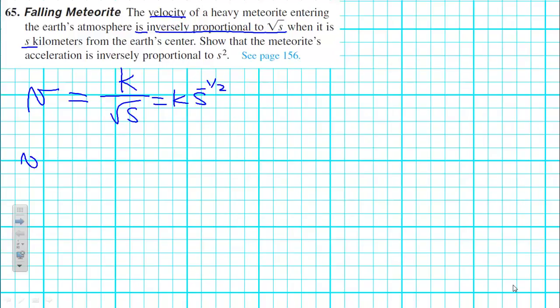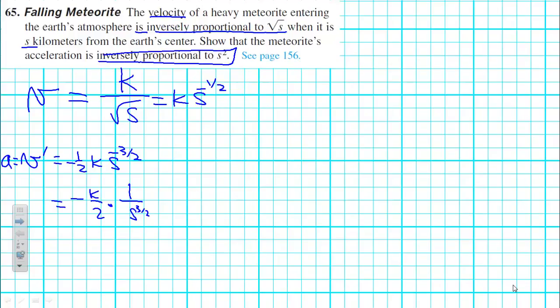Then I take the derivative of velocity, because that's acceleration, or so I've been told, and I get negative 1/2 k s to the negative 3/2 power. And I get negative k over 2, there's a constant of proportionality, over s to the 3/2. And I'm told it should be inversely proportional to s squared.